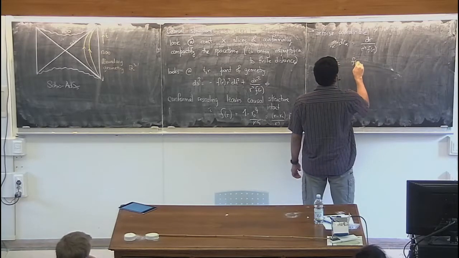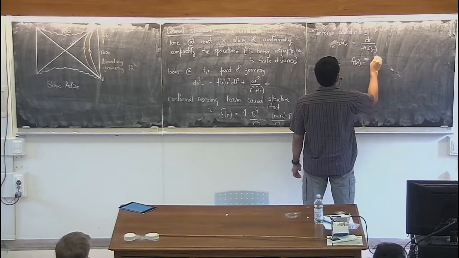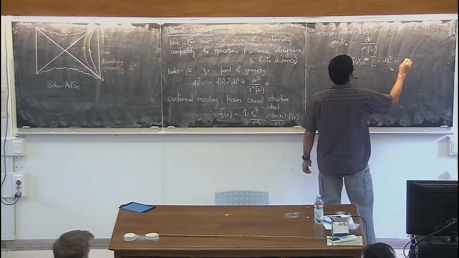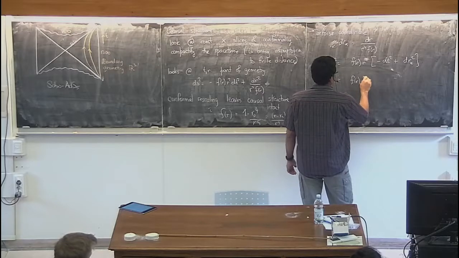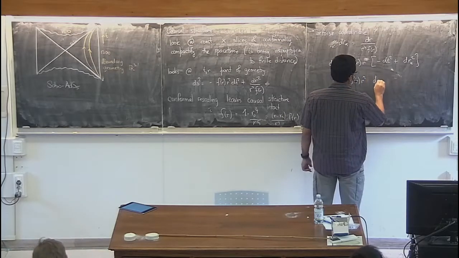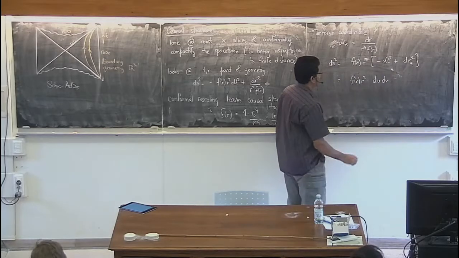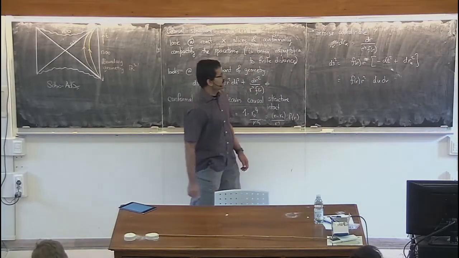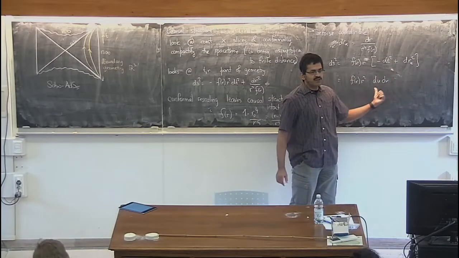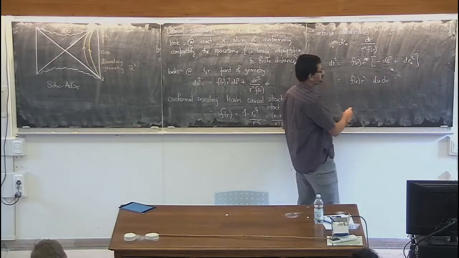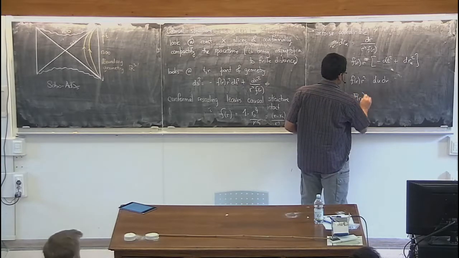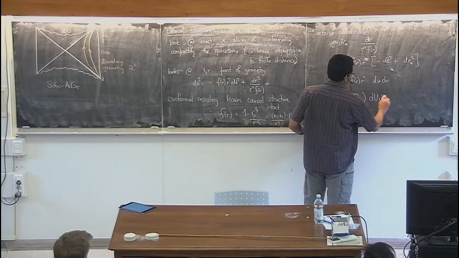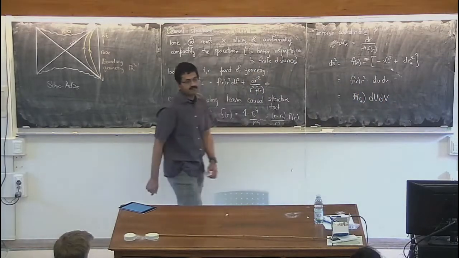So dr squared is... I just have to redefine t plus minus r star as u and v, and then absorb this factor into this to write down a simple metric which is regular everywhere, by absorbing this factor of f of r into them.